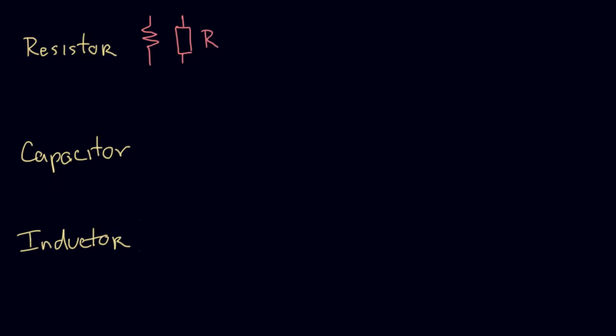Now, the capacitor is actually built from two conductors or metal objects that are placed close together. Most capacitors sort of look like that when they're actually built, and the symbol for a capacitor is a C. And finally, for the inductor, an inductor is actually built from a coil of wire, and so when we draw an inductor symbol, we draw a little coil of wire like that.